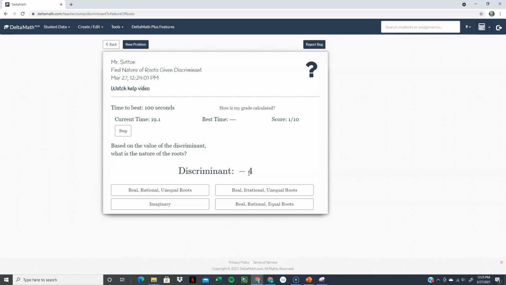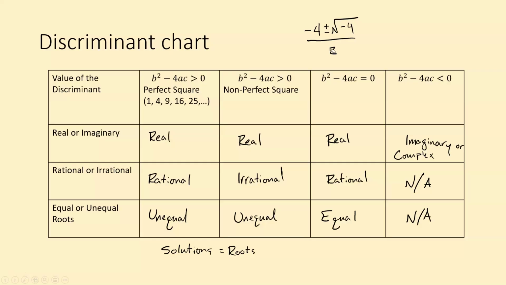If it's negative, then that means it's automatically imaginary. If it's 0, then that means they are real, rational, equal, right? So you just have to move through these. This is not a perfect square, it's positive, so this is real, irrational. So you just have to move through these and try to get the number that you need right in the right amount of time. So you want to make sure you are referencing your table for that.